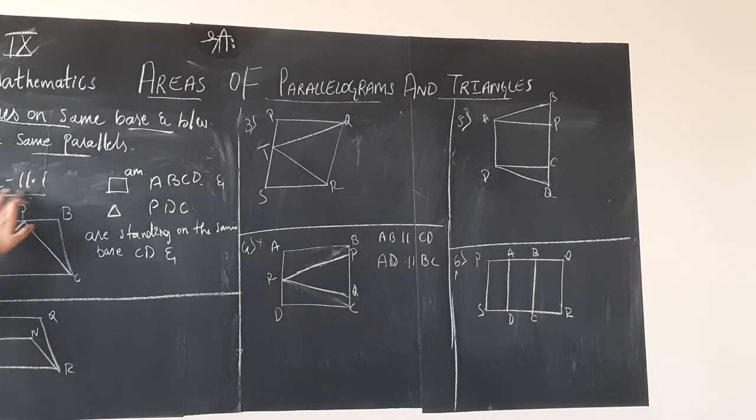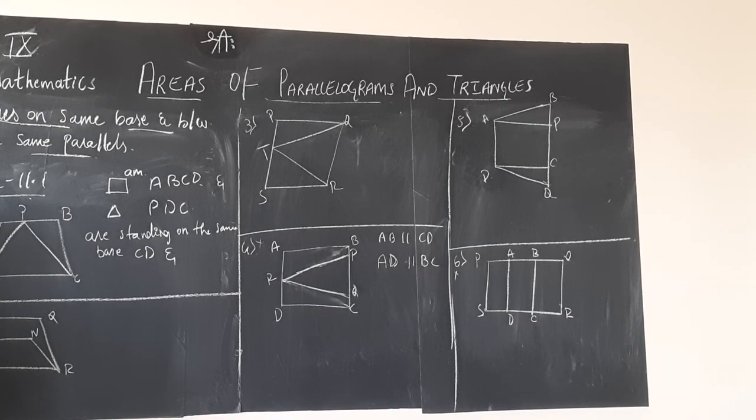Since we know ABCD is a parallelogram, we know from the properties of a parallelogram that opposite sides are equal and parallel as well. So AB is parallel to CD. And the vertex P of the triangle also lies on that same line AB.